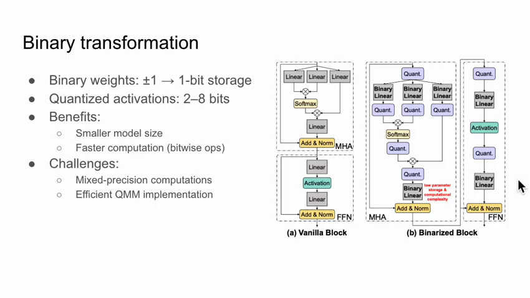Both the MHA and FFN computation now leverage integer or bitwise operation, drastically reducing storage and computation. The key difference is that binary blocks are hardware friendly, enabling fast and energy efficient inference on edge devices, while the vanilla block relies on heavy floating point operation.